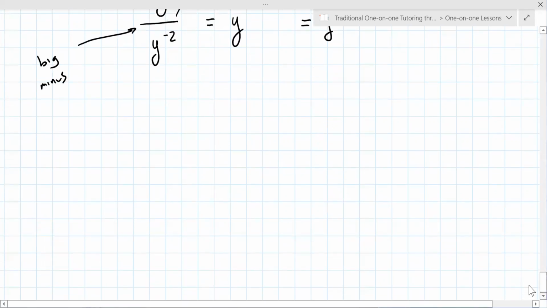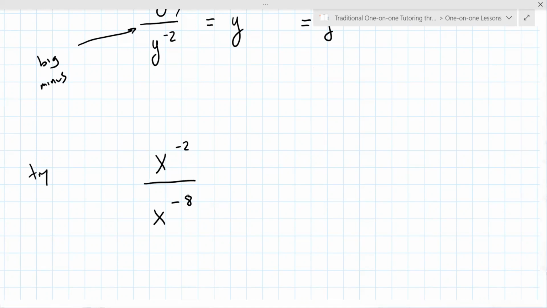Okay. So here's one for you to try. Let's say it's x to the -2 over x to the -8. You have an answer for me on this one?